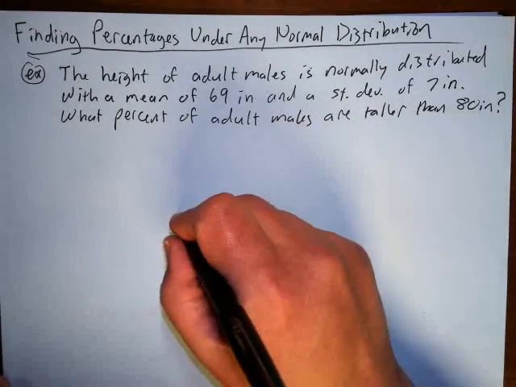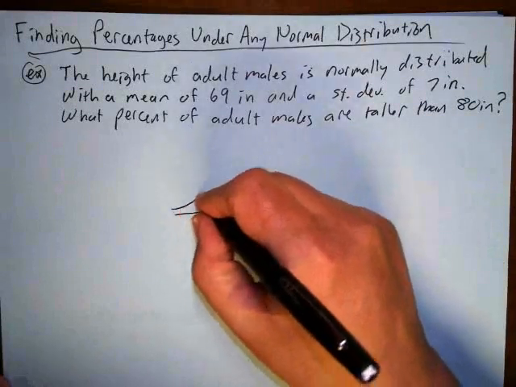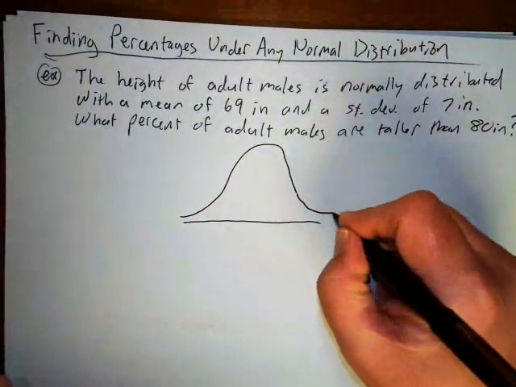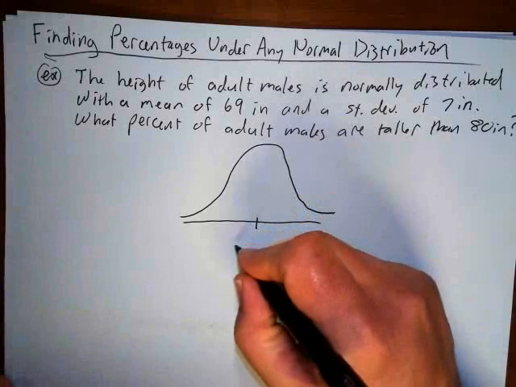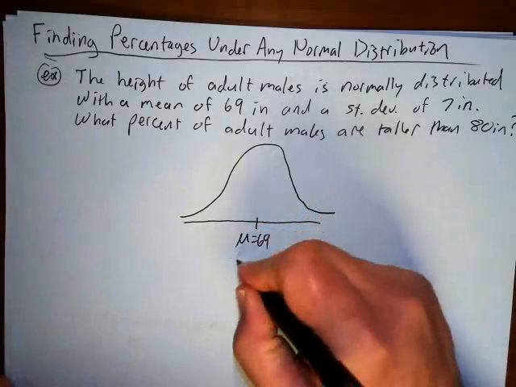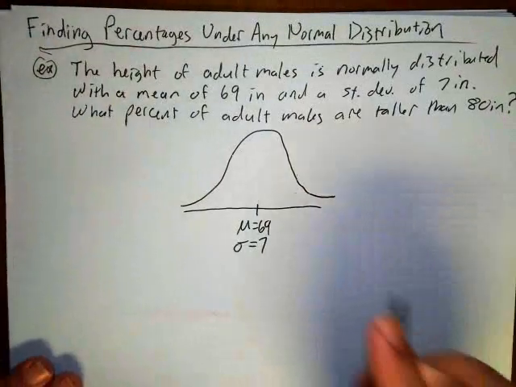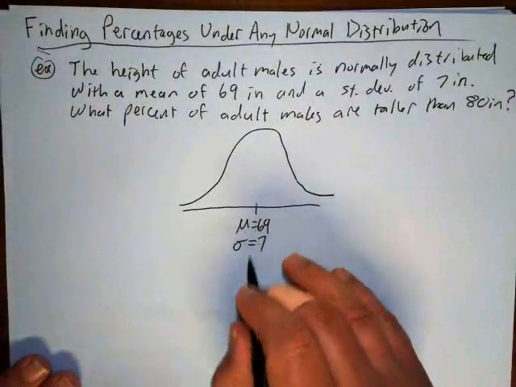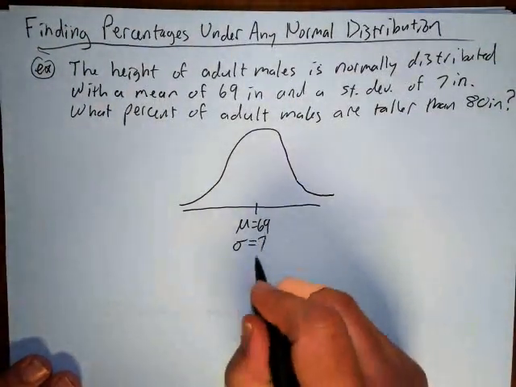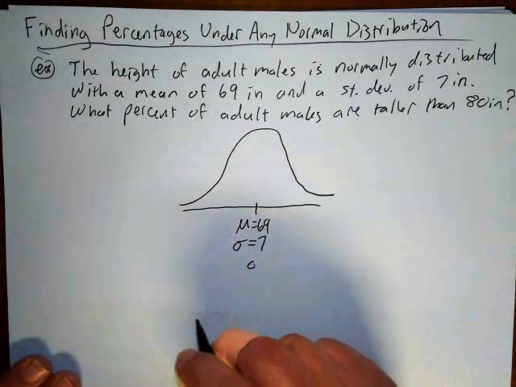Okay, so I'm going to draw my curve. And the mean here is 69 with a standard deviation of 7. So it's no longer 0 there in the center. It's the mean of the distribution, which has a z-score of 0, right? The z-score down here would be 0.